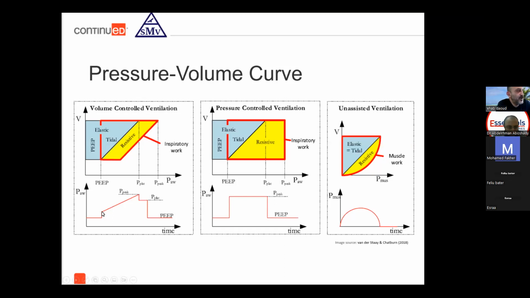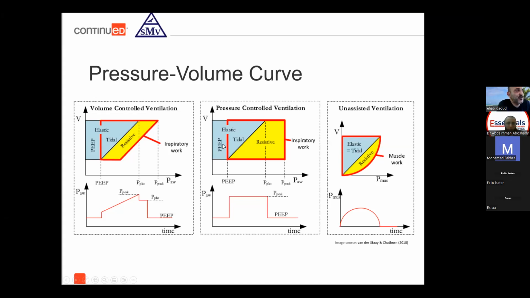And we all know in the volume controlled mode, it looks like, again, a triangle, the peak pressure, if you put a plateau. So it basically compares the shape of the airway pressure versus the whole idea of inspiratory work. So each breath, you will have tidal work, resistive work, and PEEP work.